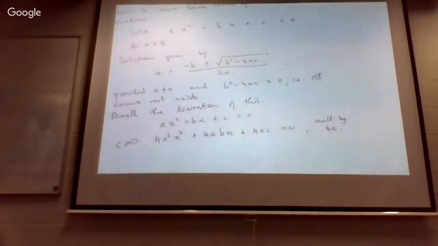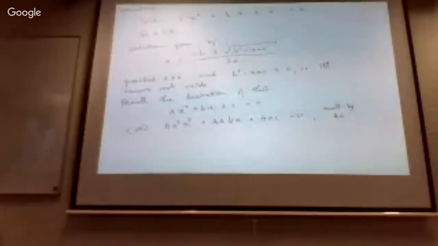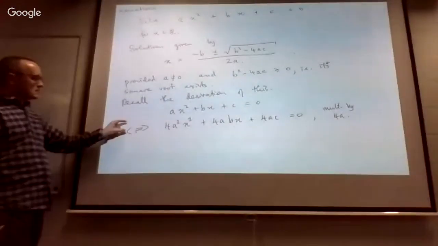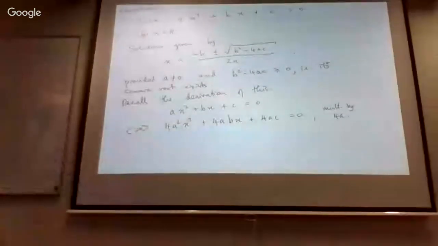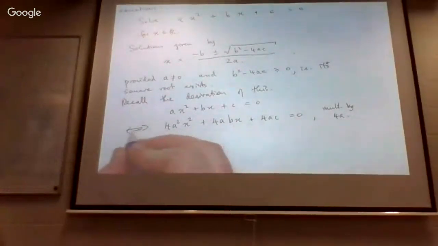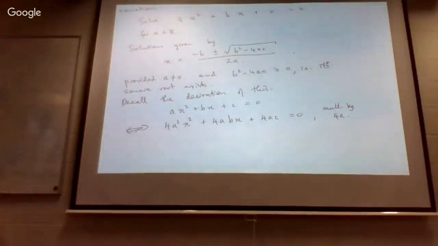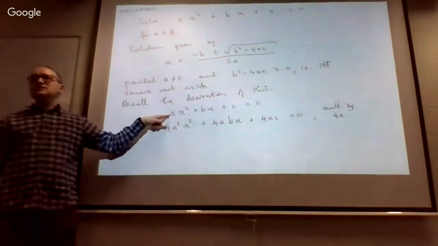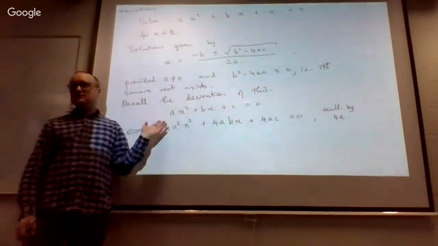And we know a is non-zero, and that's what justifies this equivalence here. So this is an if and only if. The first equation is equivalent to this one. If the first equation is true, so is this one, so you can multiply both sides by 4a.